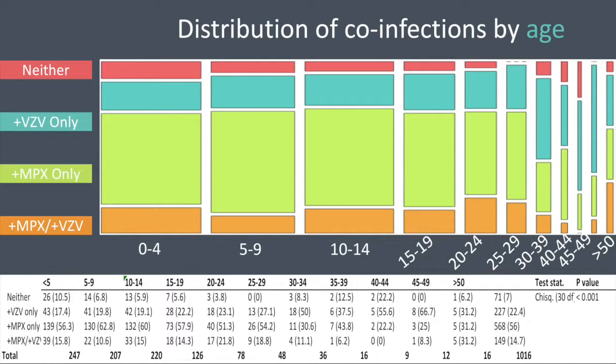And then distribution by age. This really just shows you that most of the people being infected are under the age of 15. But again, it's been determined that age most likely doesn't significantly affect the rate of co-infection.